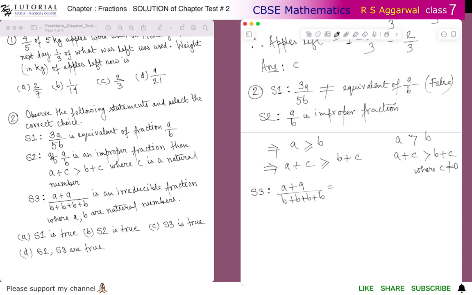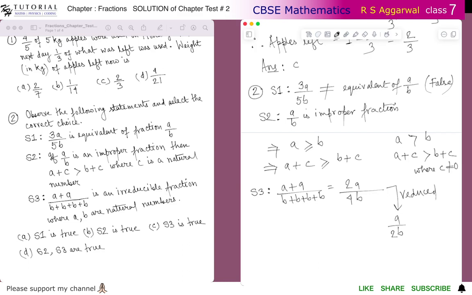So A plus A is 2A, and B plus B plus B plus B is 4B. So 2A by 4B is the original fraction given. Now we can clearly see that this can be further reduced to A by 2B, because we can reduce the 2 by 4.